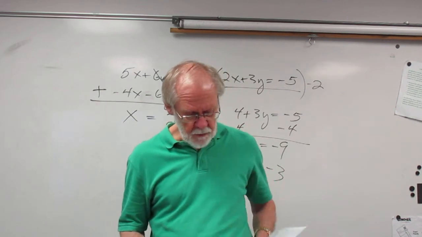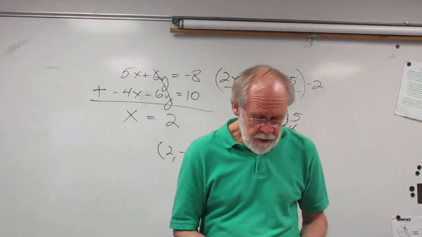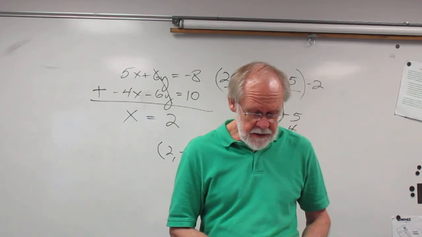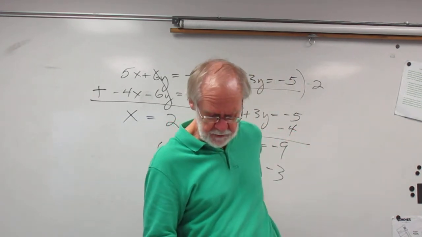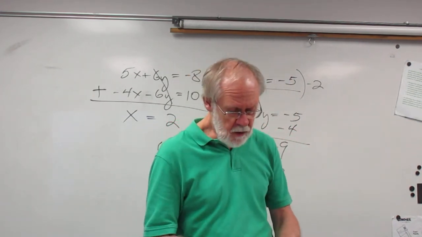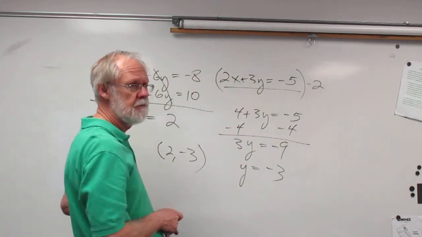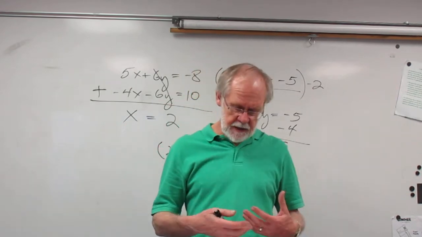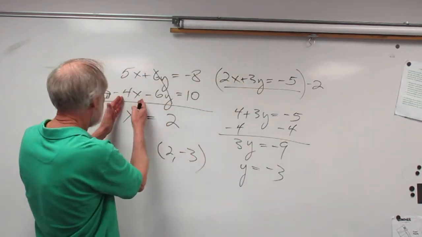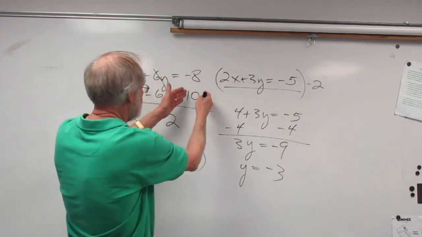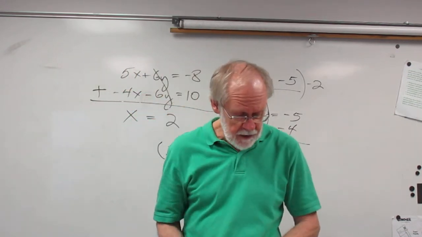Now, let's look at another one that requires even more work. Let's take a look at one where neither of the equations is set up conveniently. And by the way, it's always a good idea to get in the habit of putting them into standard form before you do this, just to be consistent so that you have your x's lined up with your x's, your y's with your y's, and your constants with your constants on the other side.